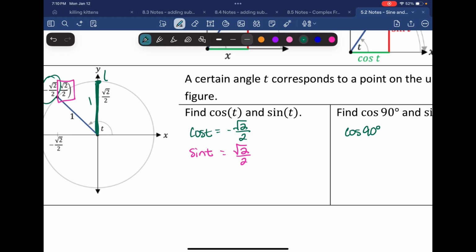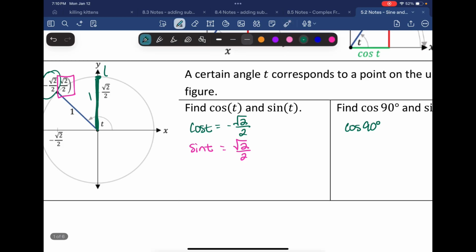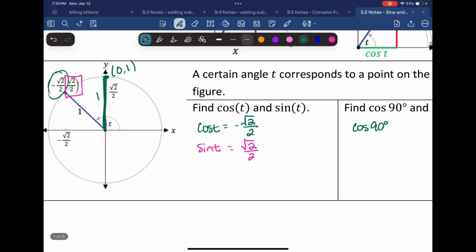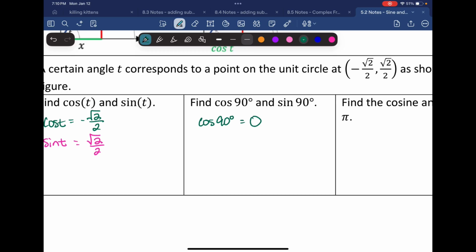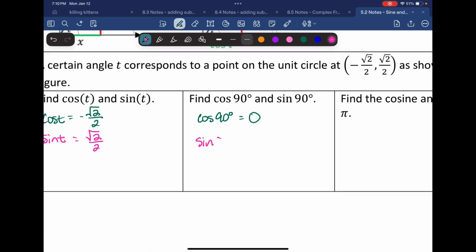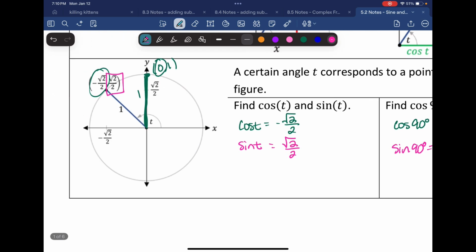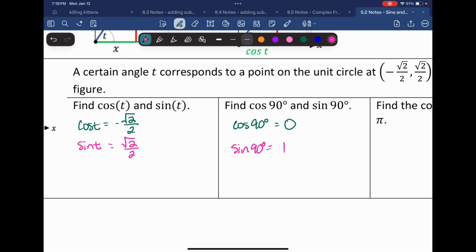And since it's on the y-axis, that means its x-coordinate is 0. Its y-coordinate is 1. Well, if cosine is the x, well, that's 0. Cosine 90 is 0. Sine, well, that's the y. The y is 1. So sine 90 is 1.